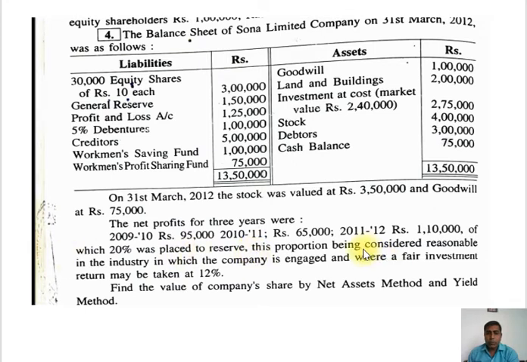These proportions being considered reasonable in the industry in which the company is engaged and where a fair investment return may be taken at 12%. Find the value of company's share by net assets method and yield method.